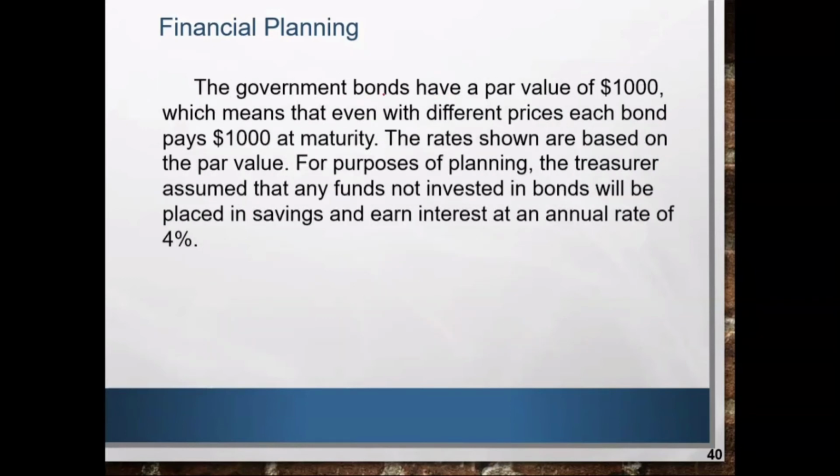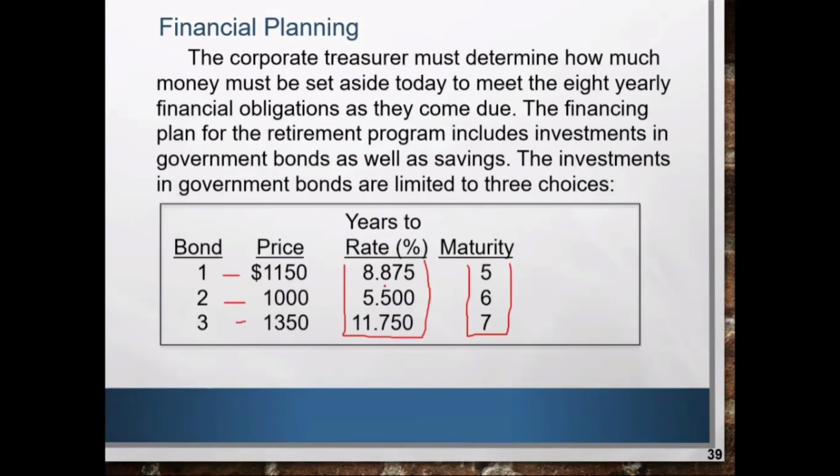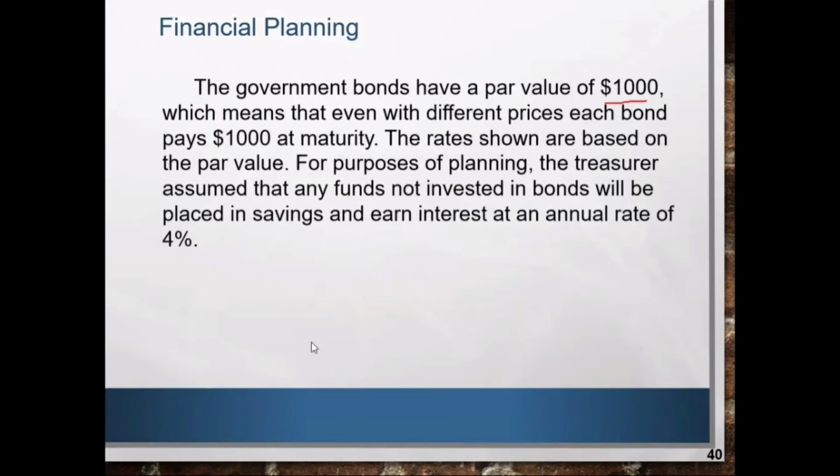And here, the government bonds have a par value of $1,000, even with different prices. It is the same as in the last slide, here is the price. Why is it not 1,000, why is it 1,500? Because it is also stated in the problem that even with different prices, each bond pays 1,000 at maturity.